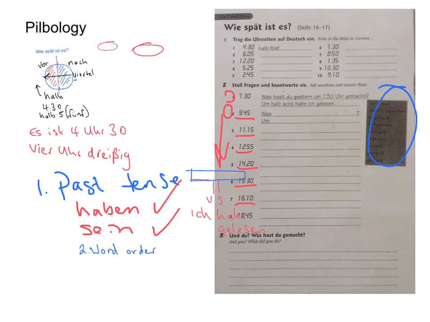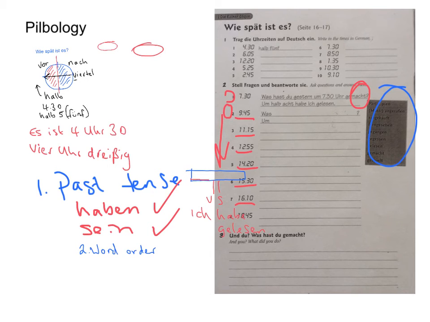Okay, so what did you do at that time? Was hast du gestern gemacht? Now, remember that word order. Look at it. Was hast du gestern? What did you do yesterday? At 7:30. Obviously, remembering always that the past participle needs to go at the end of the question.